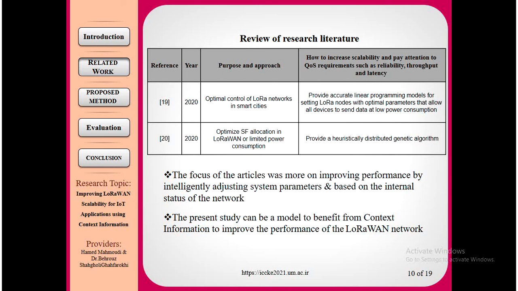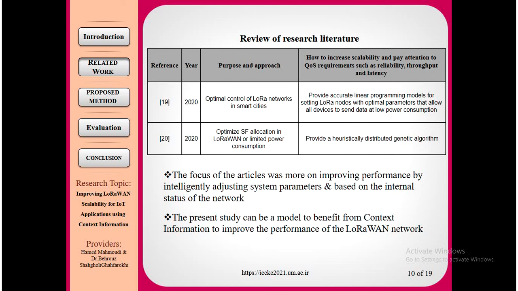Using contextual information to improve the performance and efficiency of the LoRaWAN network is a topic that has received less attention in articles. Given the number and variety of applications of LoRaWAN networks used in the Internet of Things, context-based customizations that lead to better performance of the LoRaWAN network will become increasingly important.